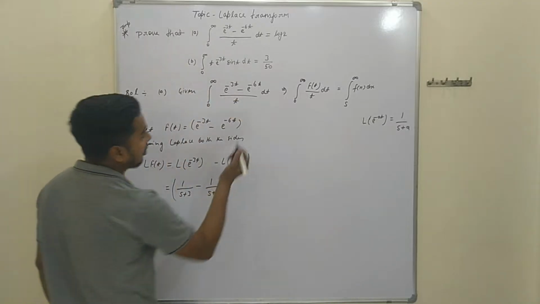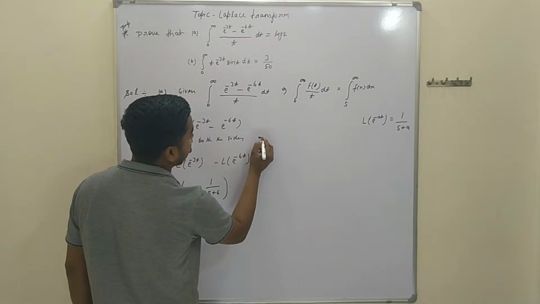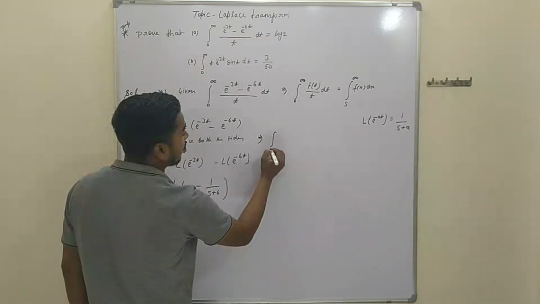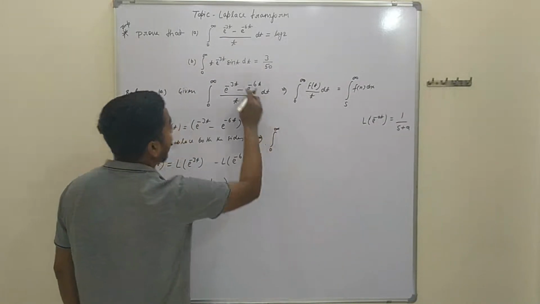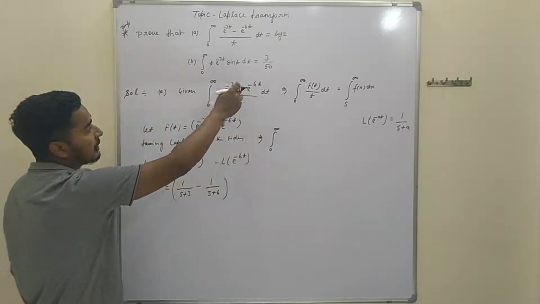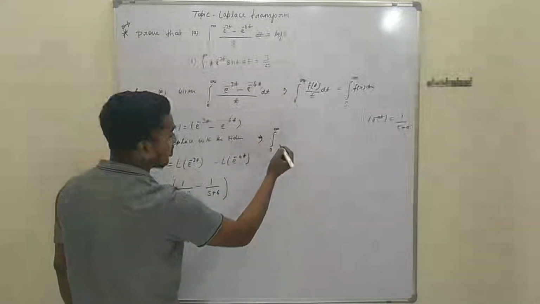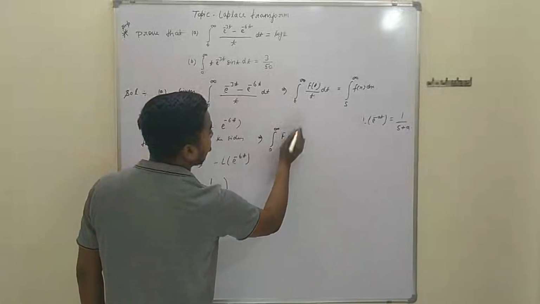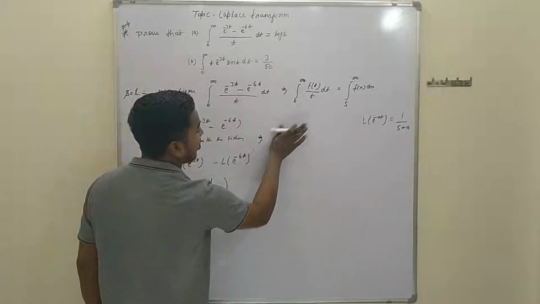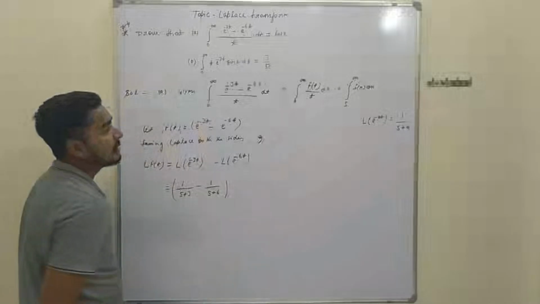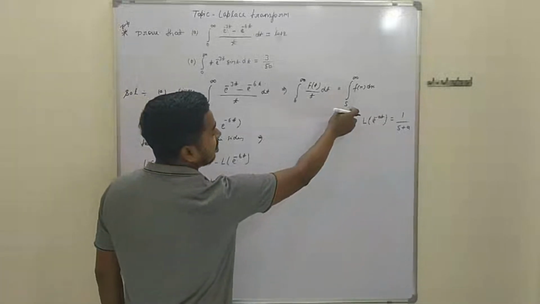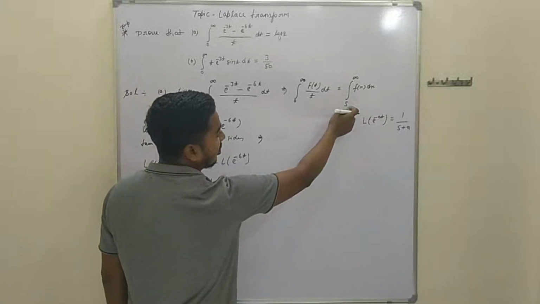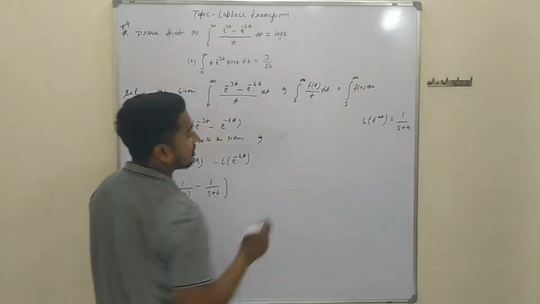Then we write the integral from 0 to infinity, with f(t) as e to the power minus 3t minus e to the power minus 6t, and we have already written f(t) upon t. Then we put the formula, the integral from s to infinity of f(x) dx.